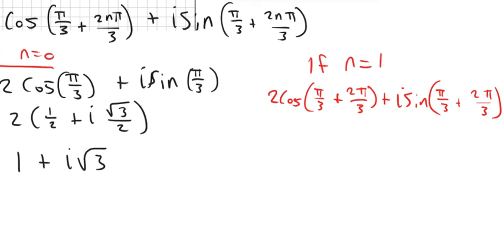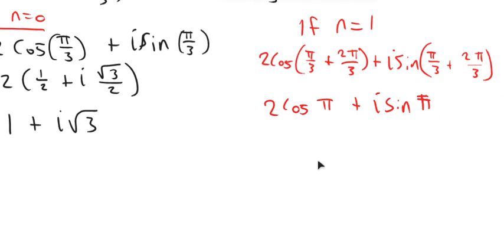So inside the brackets there, pi over 3 plus 2 pi over 3 will just be 3 pi over 3. So that's going to end up being pi. So we have 2 cos pi plus I sine pi. I don't know why I'm writing this in red, by the way. I only meant to write the top bit in red.